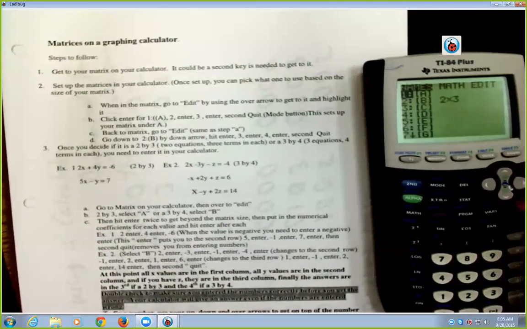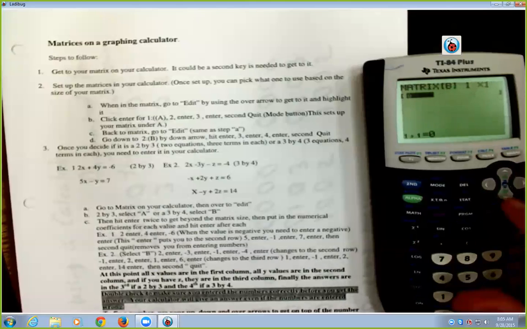And I've got mine in my wrong location here. Somehow, I don't know why it put it into that one instead of into my A. Let me go down here and let me get rid of this part. I'm going to go back to a 1 by 1.